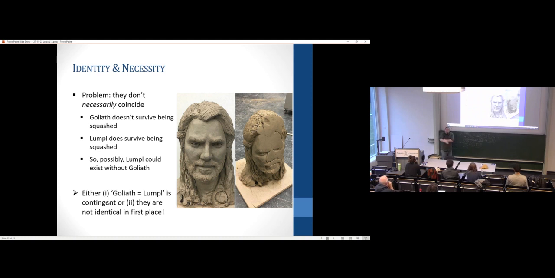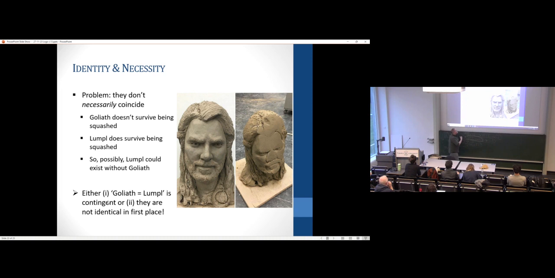In fact, this is where we can come back to questions about persistence. Goliath, being a statue, arguably doesn't survive losing its shape. If you just smash it back down to a blob, it's no longer the statue of Goliath. But Lumpel is the kind of thing that survives being smashed because Lumpel's just a lump of clay.